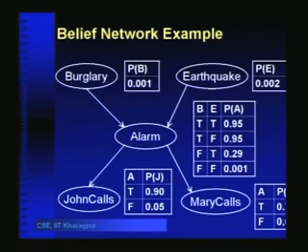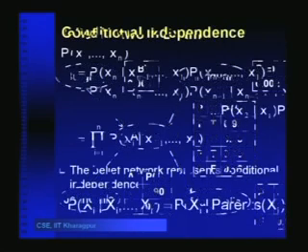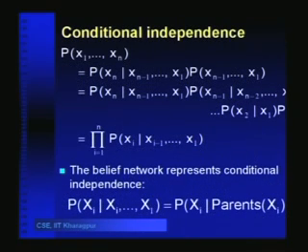Right. So, just to recall very briefly, what we have in this belief network is conditional independence, in the sense that the probability that a given variable takes a given value, given the values of all the other variables which precede it in some ordering, is given by the probability given the values of the parents.